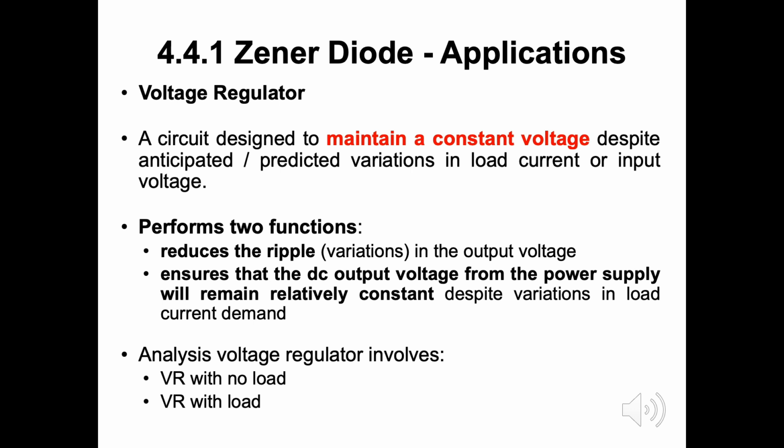This voltage regulator performs two functions, which are to reduce the ripple or variations in the output voltage and to ensure that the DC output voltage from the power supply will remain relatively constant despite variations in load current demand. Speaking of the voltage regulator, there are two types of analysis related to it: voltage regulator with no load and with load.